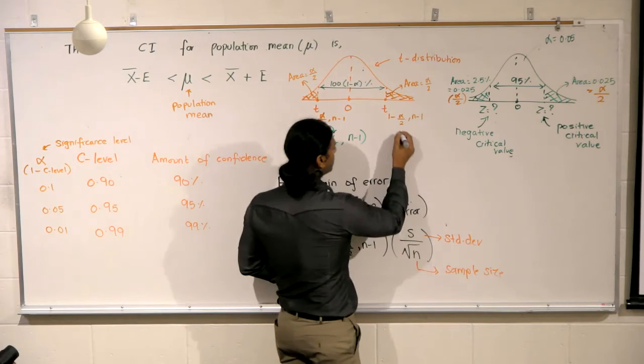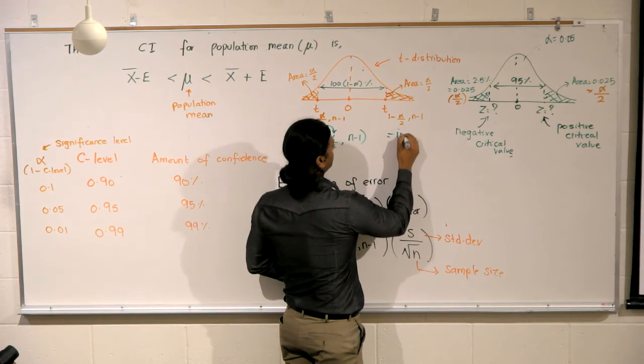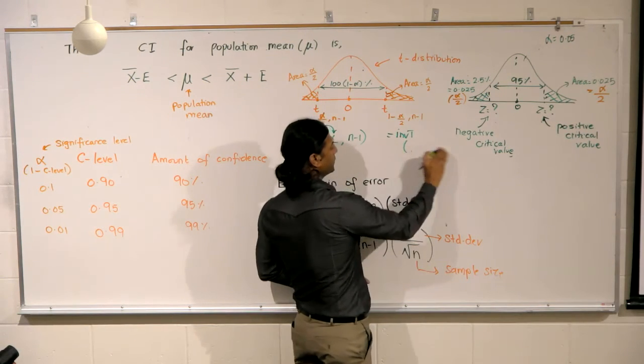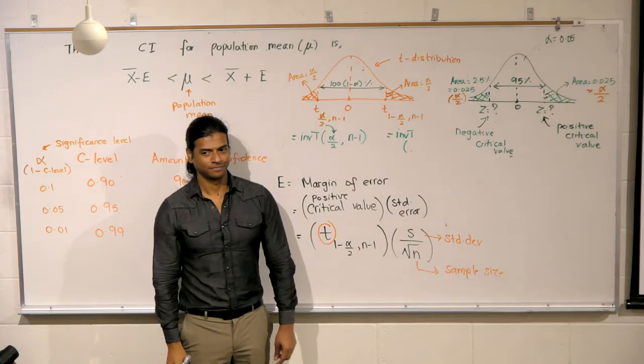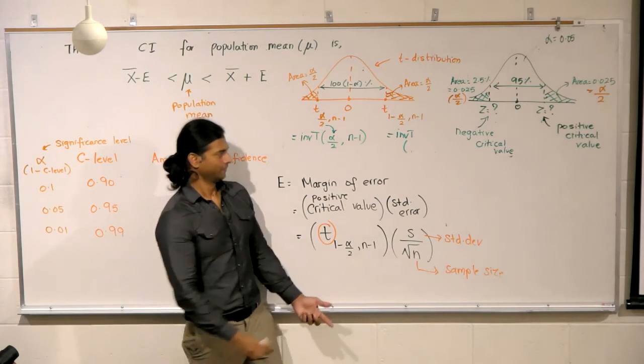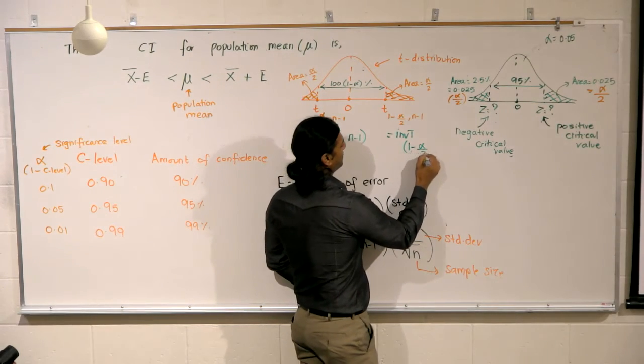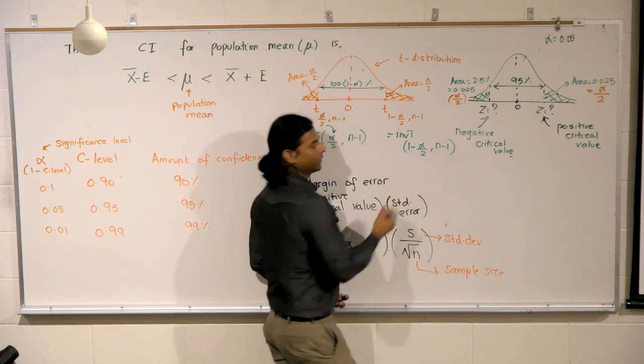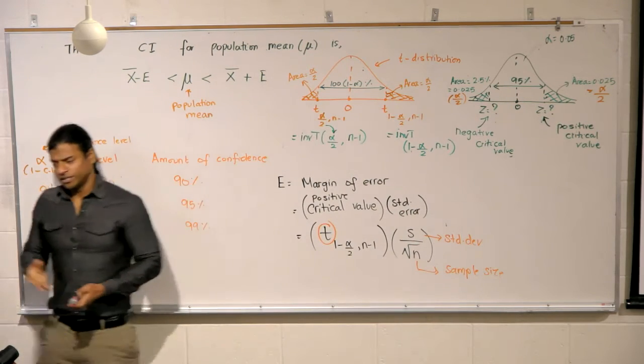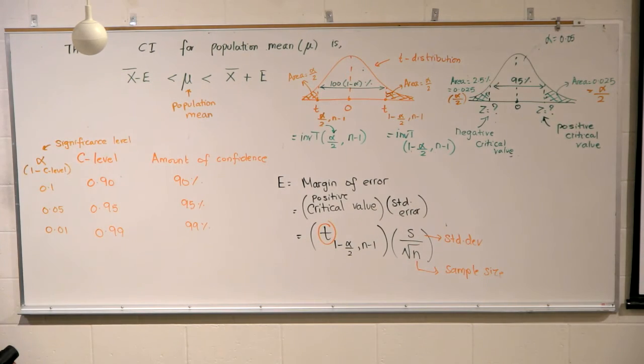Likewise, on this side, take a guess as to what you would enter. 1 minus what, Nick? Alpha over 2. Comma, n minus 1. Good. Do you have to find both of them? Yes. Is it necessary? Or could I find one and use that to find the other?